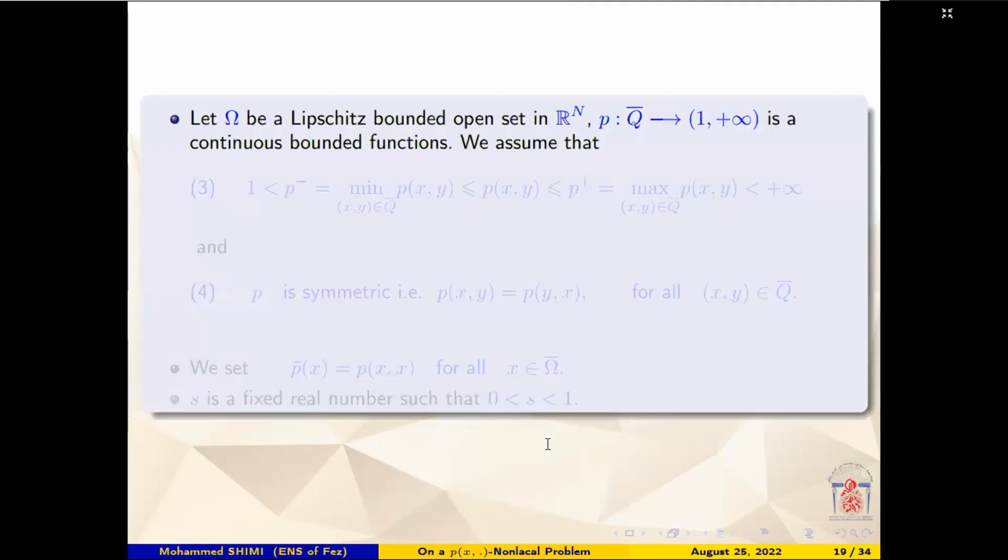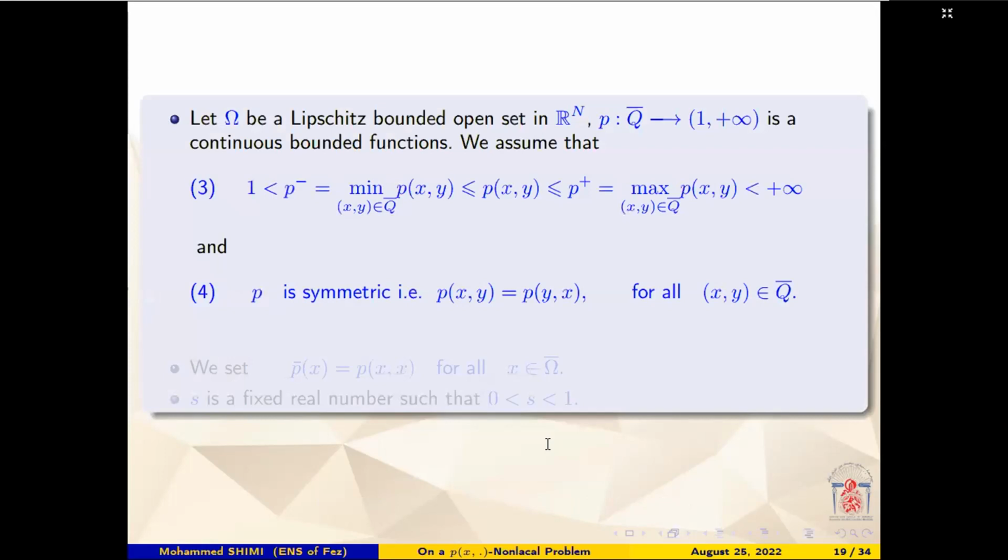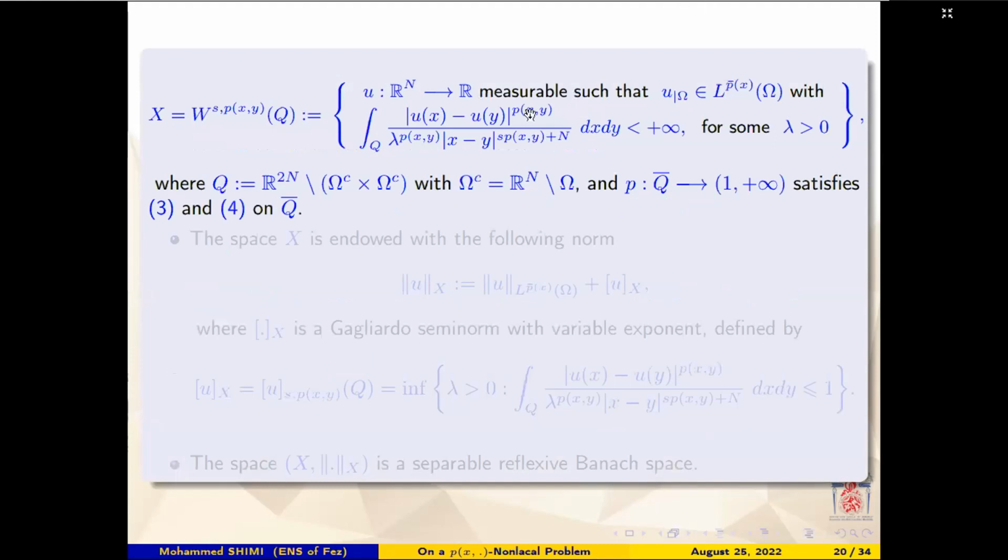So we assume that Ω is a Lipschitz bounded open set in R^N, p is a continuous bounded function which satisfies assumptions 3 and 4, and we set p̄(x) equal to p(x,x) for all x belonging to Ω̄. Then we give the definition of the fractional Sobolev space with variable exponent as follows.